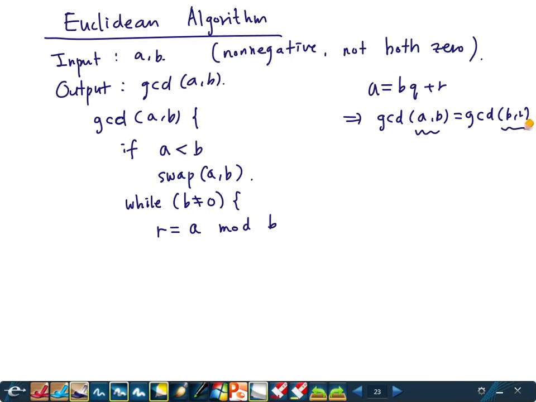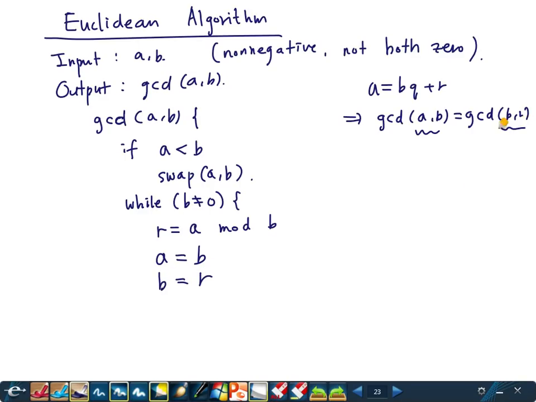A is the first number, B is the second number. What is the first number now? Here, B. So we will set A to be B. We replace A by B. The first integer is going to be B. The second integer is going to be what? R.